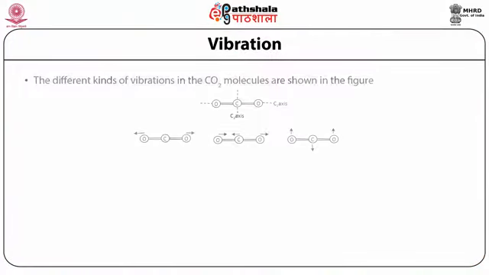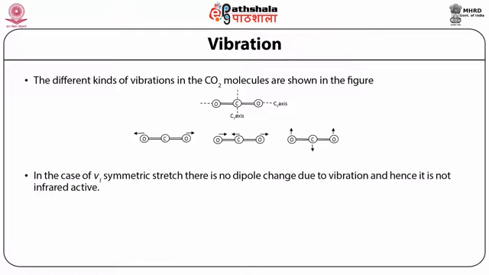It is called C infinity, as rotation of the molecule about this axis by any angle gives an identical appearance of the molecule. The different kinds of vibrations in the CO2 molecule have been shown in the figure.